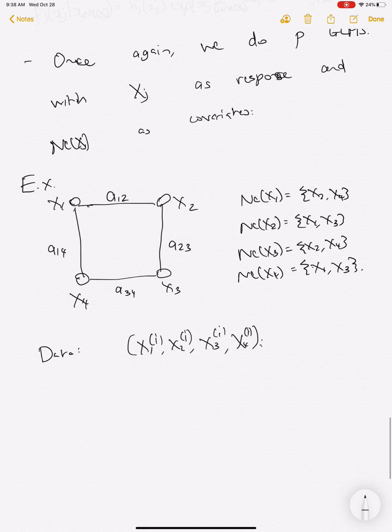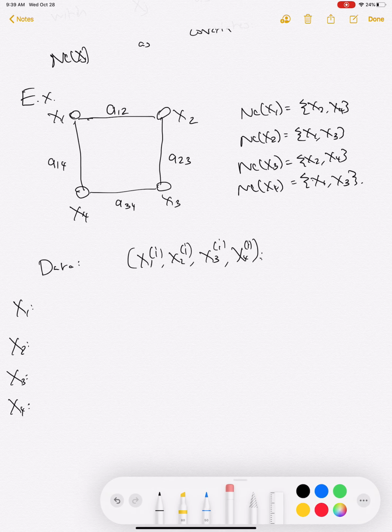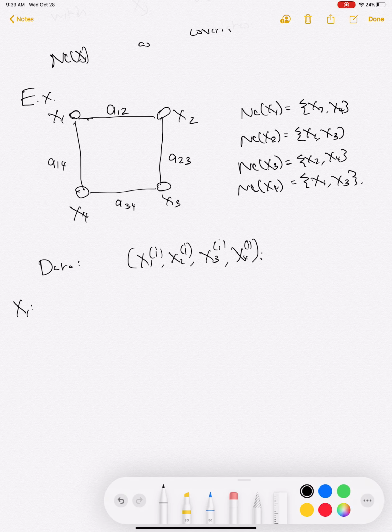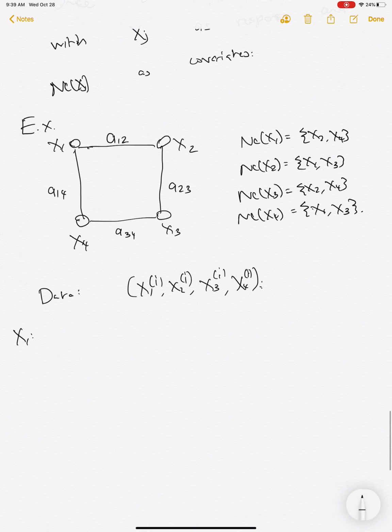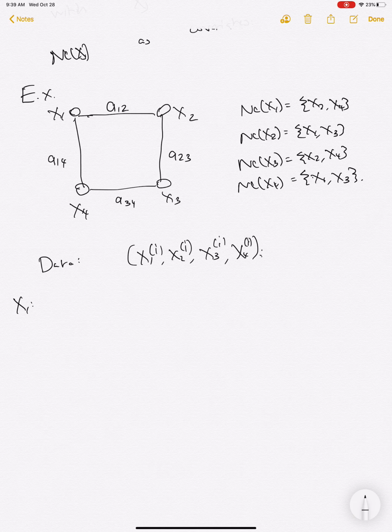Okay, and then you essentially just solve these 4 different regression problems. Let me do one at a time. So for x1, you're doing this GLM regression on your neighbors x2, x4. So you're going to get solutions for a hat 1,2 and a hat 1,4.